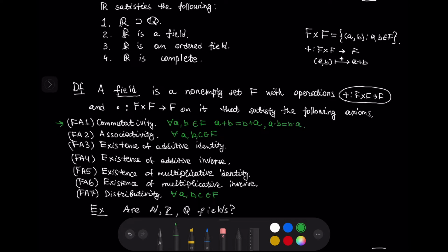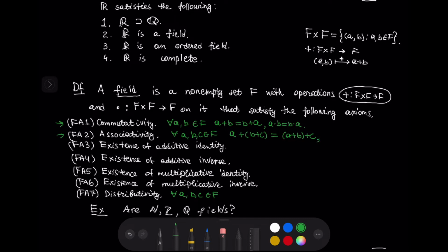The next axiom is associativity. For every triple of elements A, B, and C in F, (A plus B) plus C is the same as A plus (B plus C). So the order in which we add 3 elements doesn't matter.